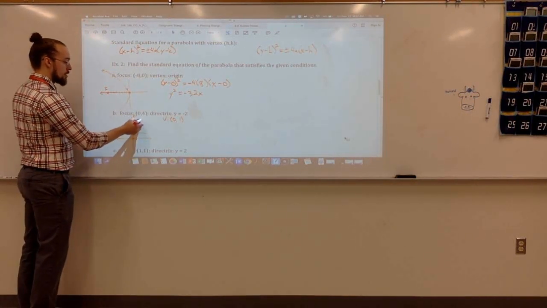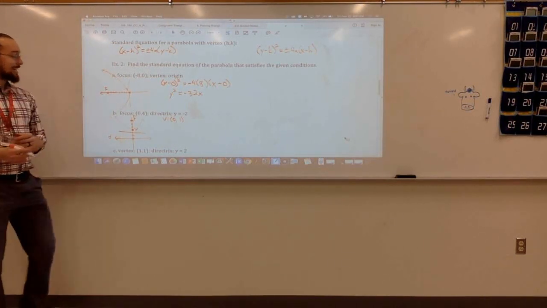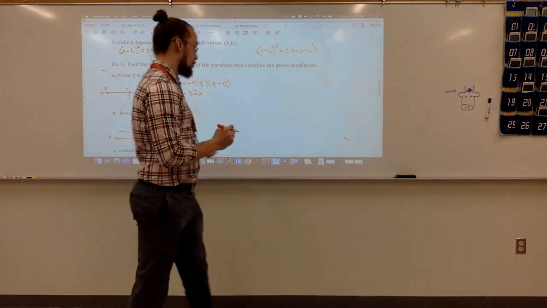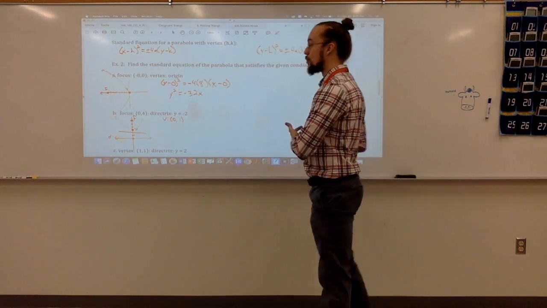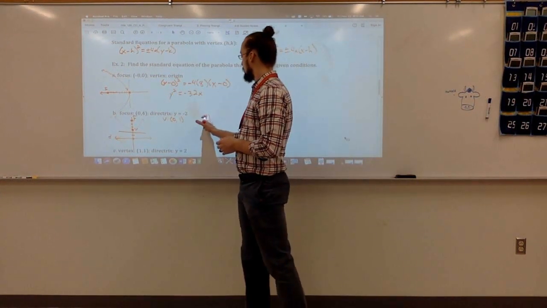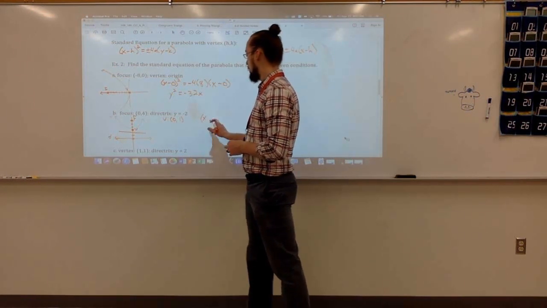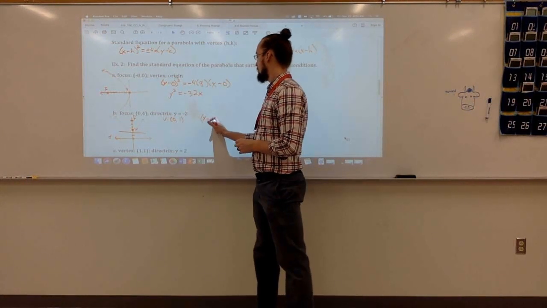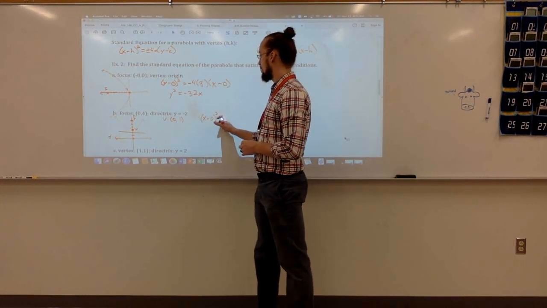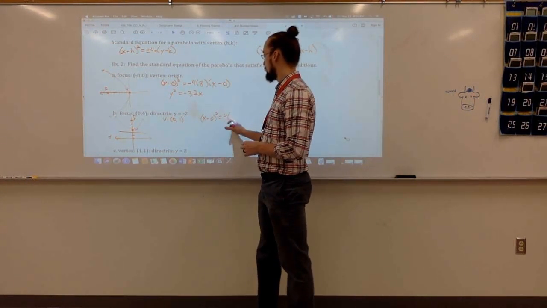So that automatically tells us that x is the variable that will be squared, and the right side of my equation is going to be positive. So we will have x minus 0 squared equals positive 4.